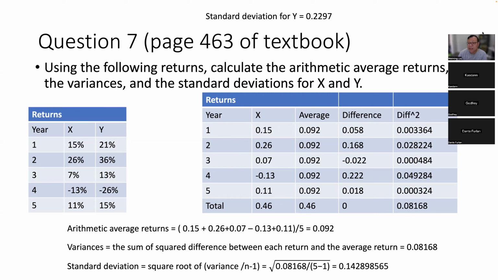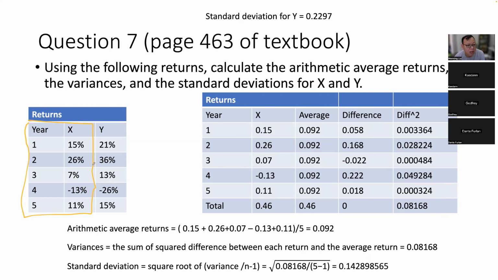So let's do X together, and you are going to do Y by yourself. Let's take a look at X. This is the information for X. We have a 5-year observation, and the return for each year is provided.